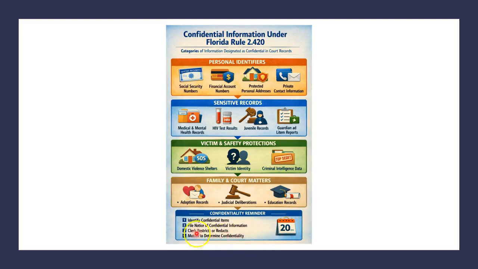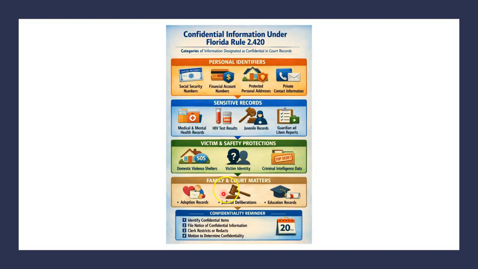So what you can do as a paralegal is, one, identify the confidential items. You write the complaint, be careful to watch those so that you know to file a notice of confidential information. The clerk will then be able to restrict or redact the information, and the motion to determine confidentiality can be used if it's needed when there are situations that aren't on this particular list.